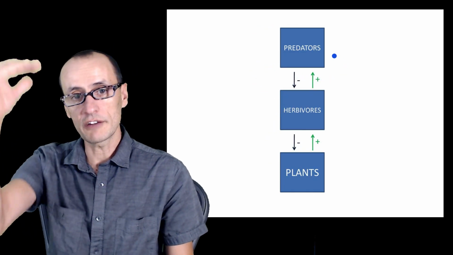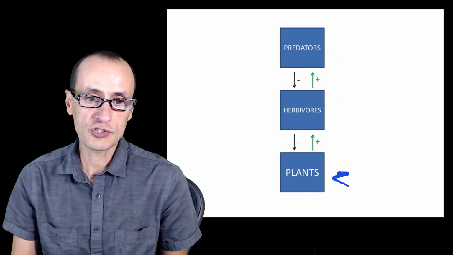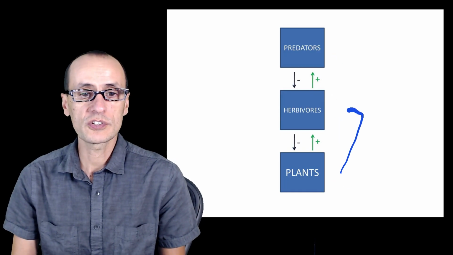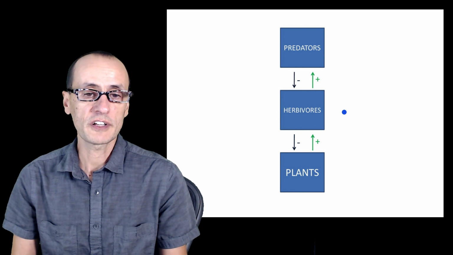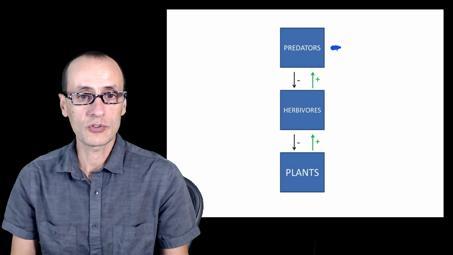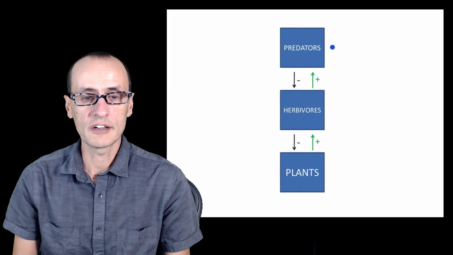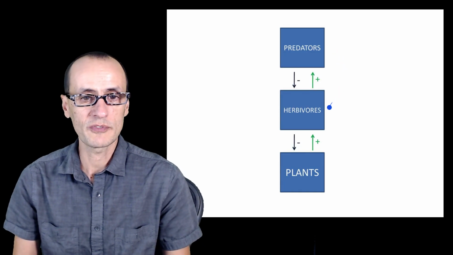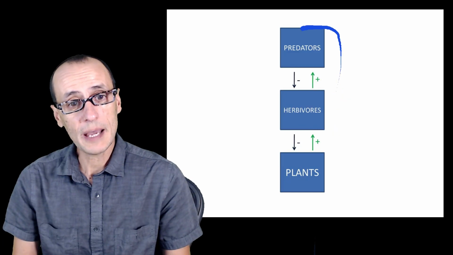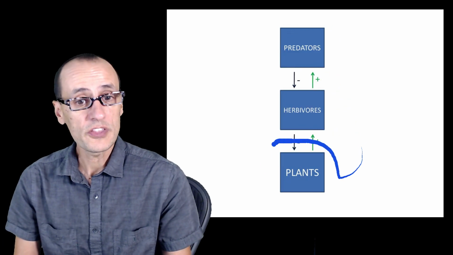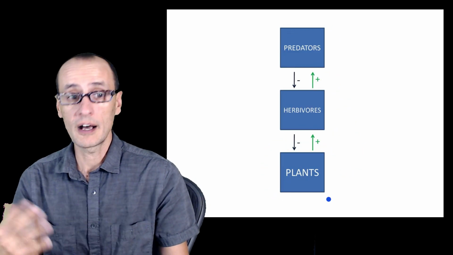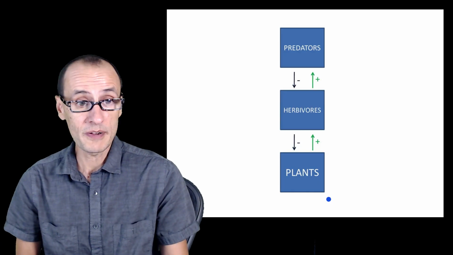In this very simple food chain system, this is the first trophic level, primary producers. This is the second trophic level, herbivores. And this is the third trophic level, the predators, parasites, and parasitoids of these herbivores. So the second trophic level is kept in check by the third trophic level, thereby releasing plants from extensive herbivory.